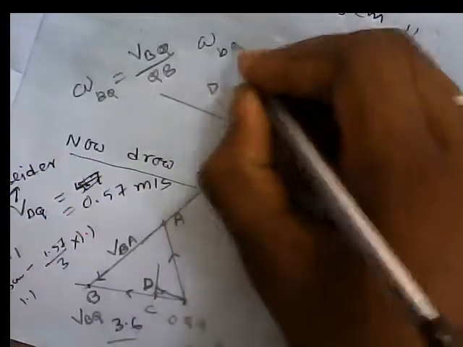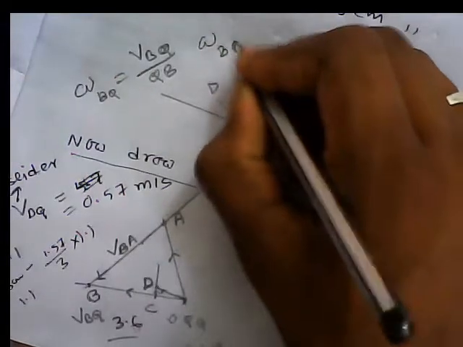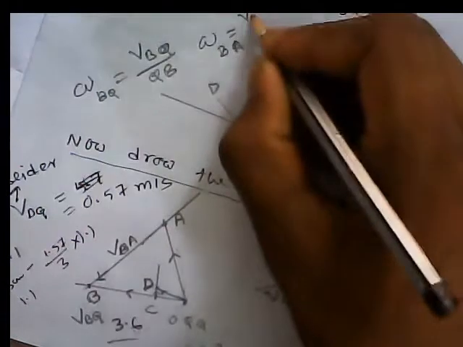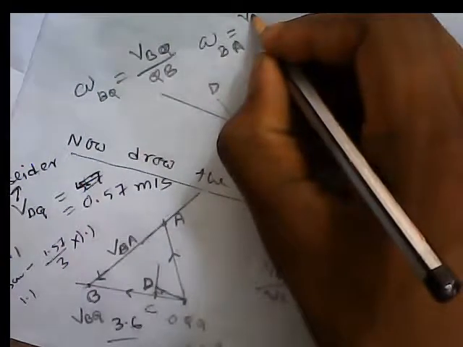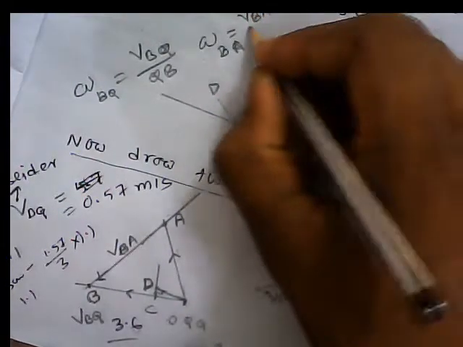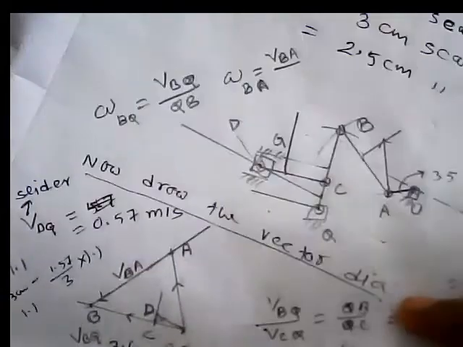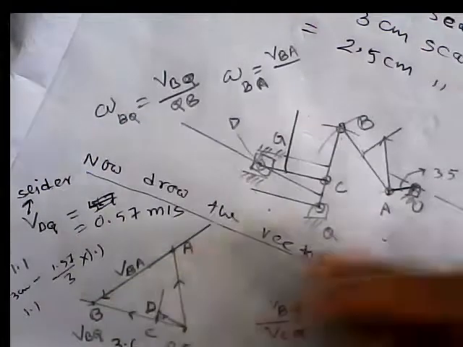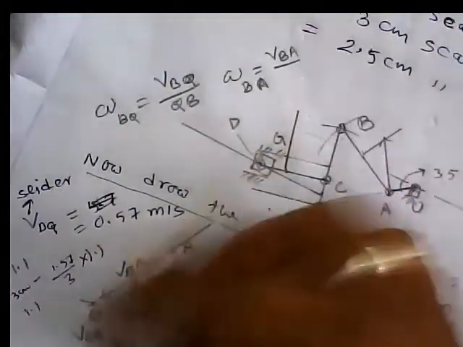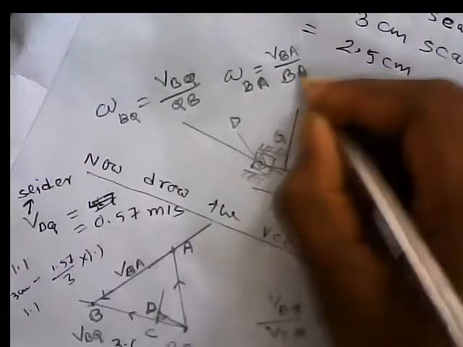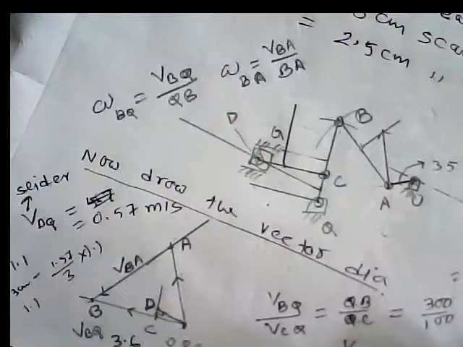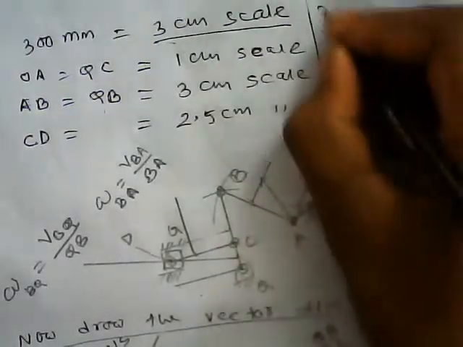The angular velocity of link AB is velocity of B with respect to A divided by the length AB. Length AB is 300 millimeter.